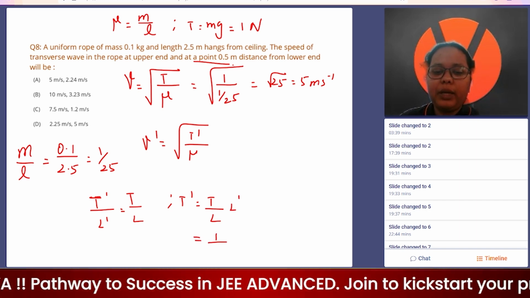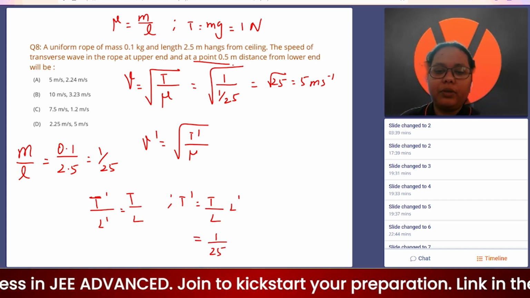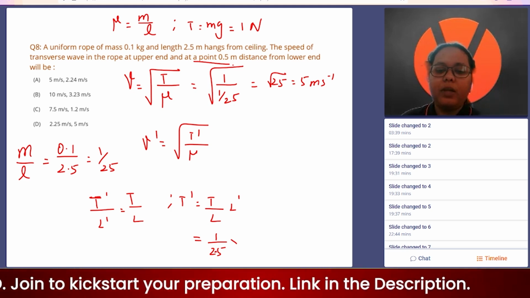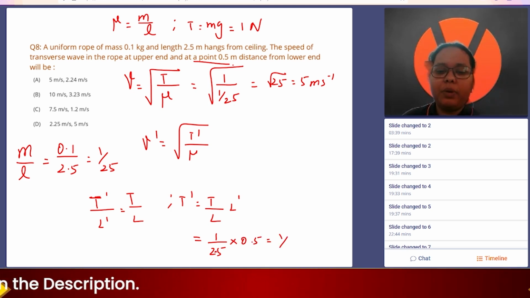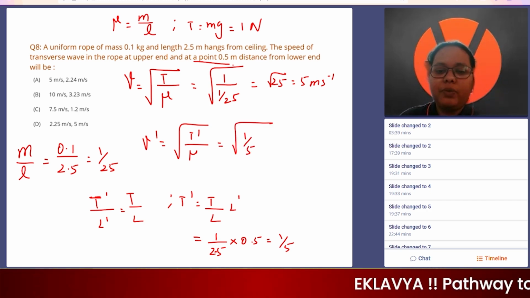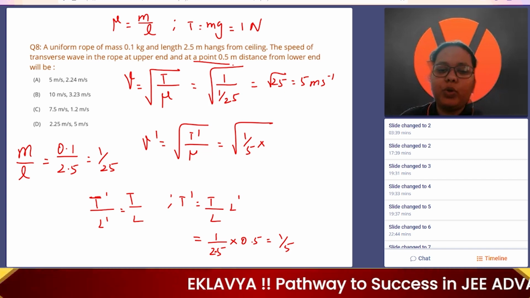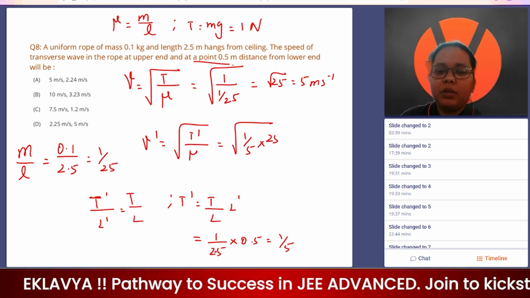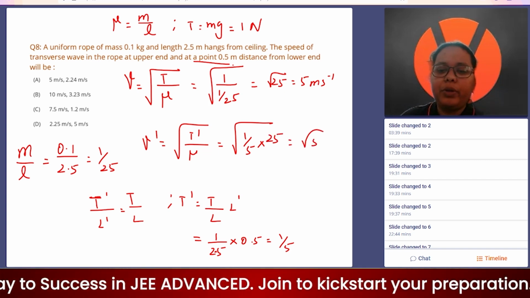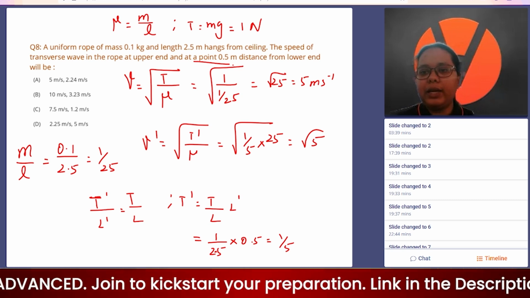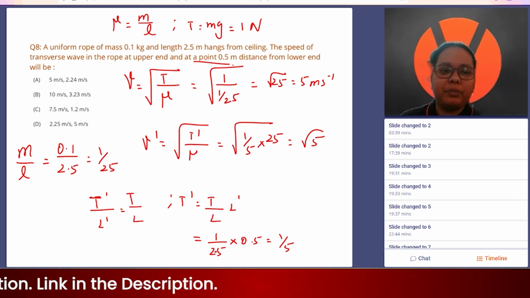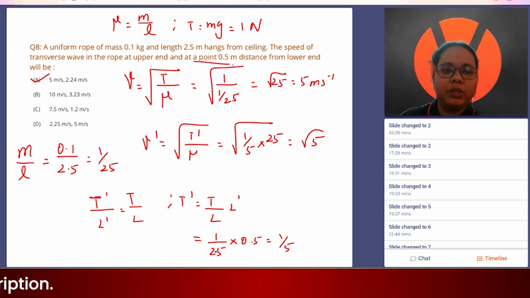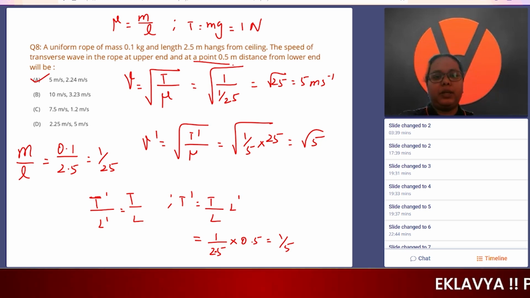What is T by L? 1 by 2.5 into 0.5. So this is going to be 1 by 5. Substituting it over here, T dash value is 1 by 5 and mu, what we know, is 1 by 25. So the denominator of the denominator comes to the numerator, so root 5. Which lies between root 4 and root 9, so the answer should be around 2 point something. So I'm just choosing 2.24 meter per second.